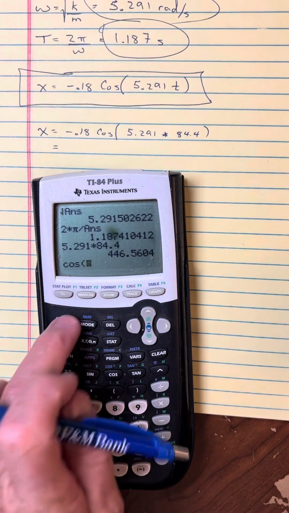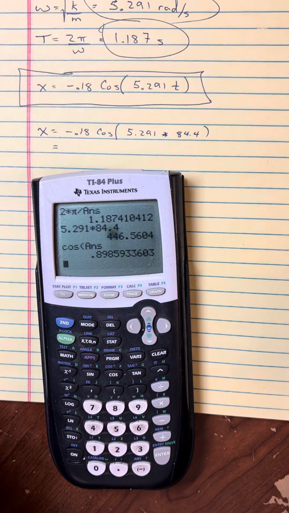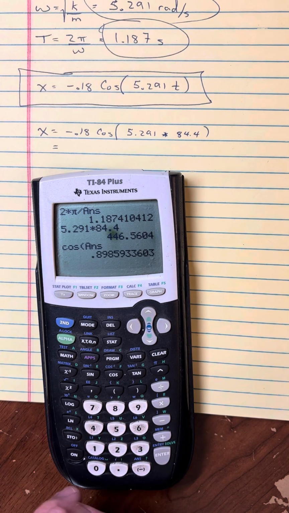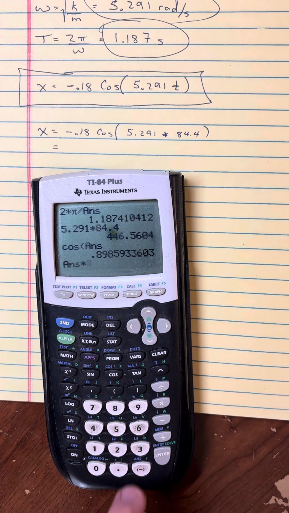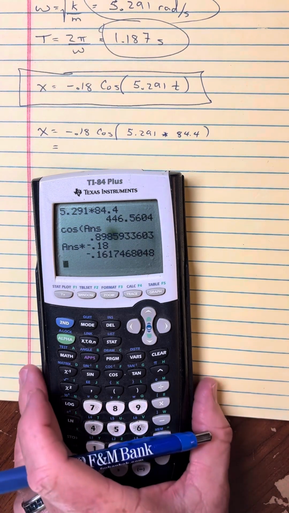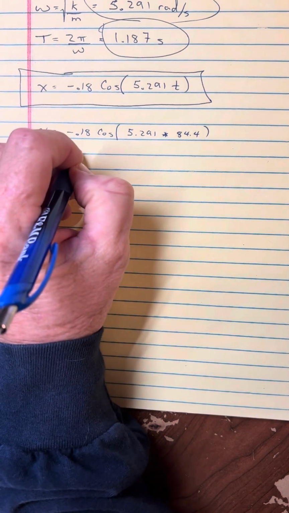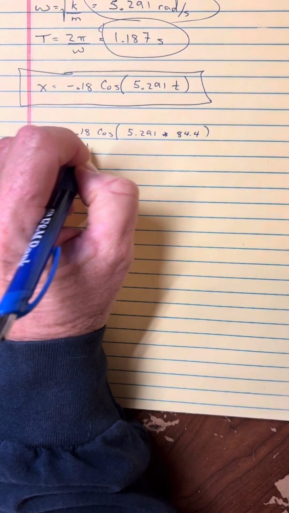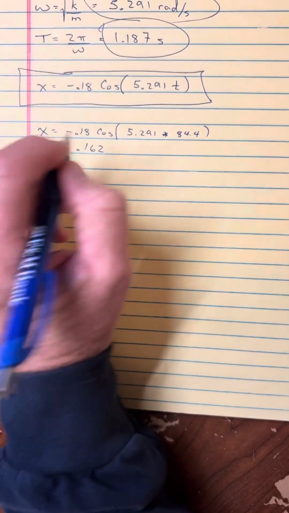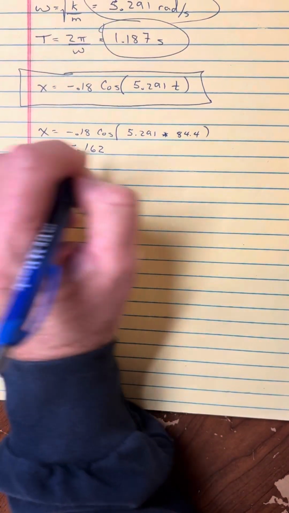So I'll take the cosine of that number, and then multiply that by negative 0.18. And it looks like I get 0.162 negative meters.